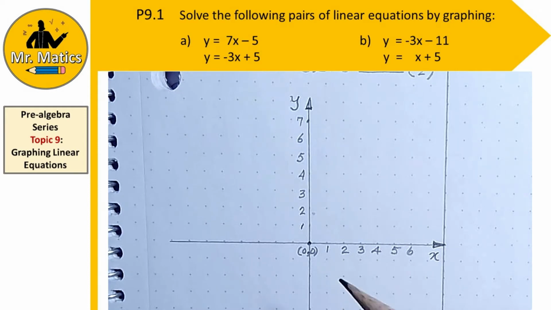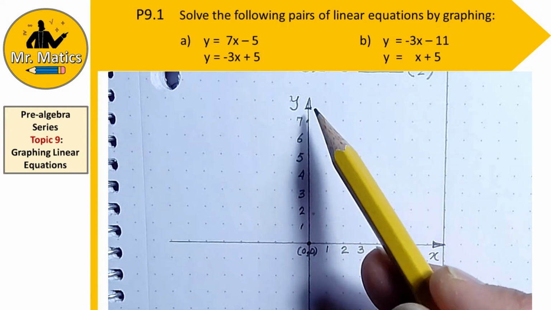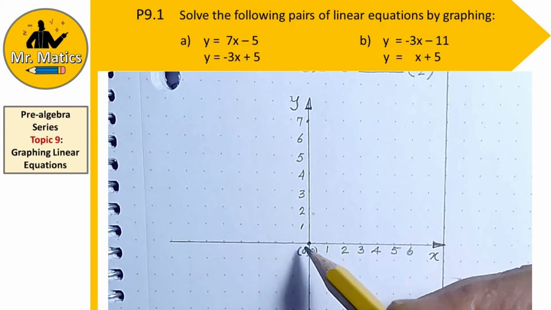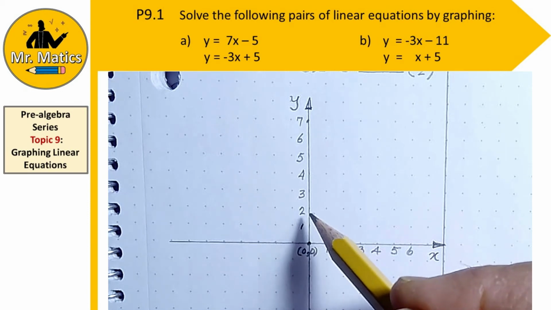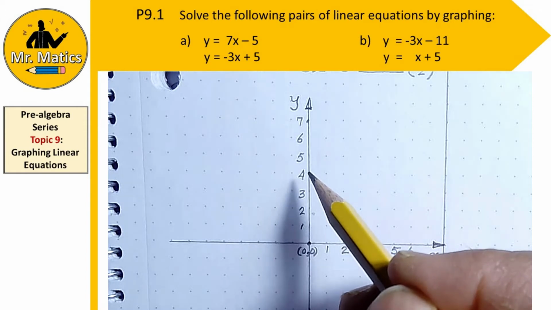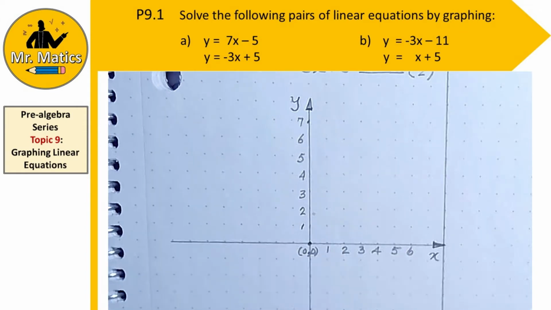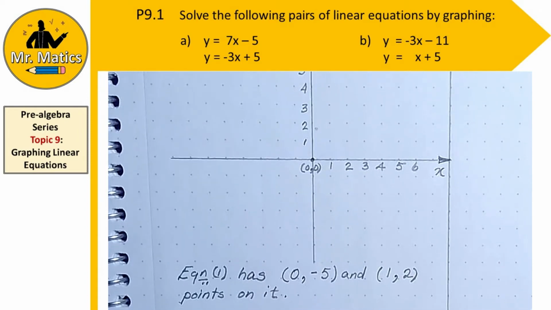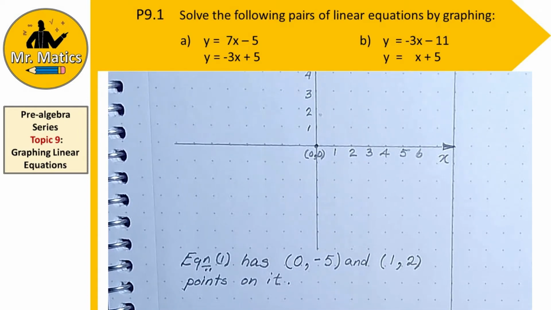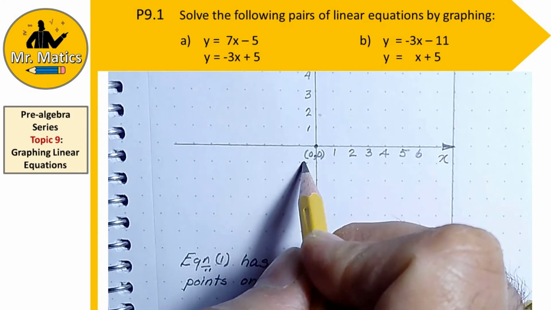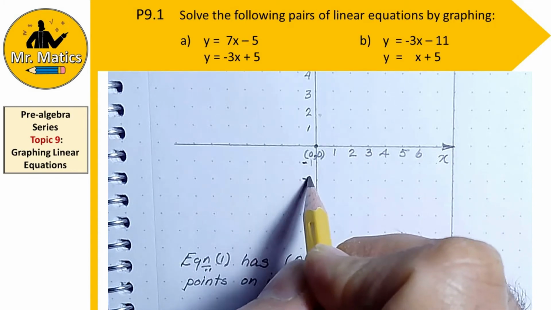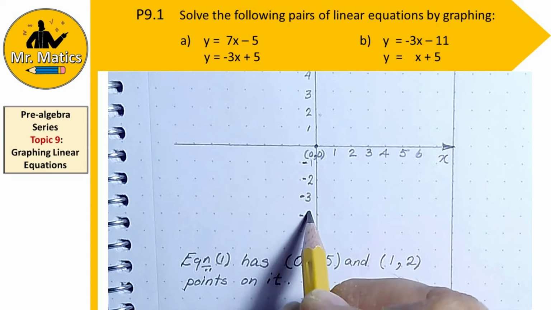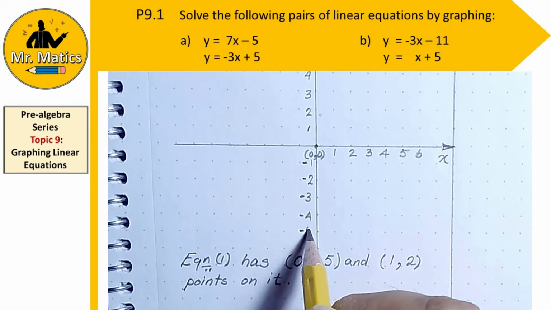Now you don't have to number all of the points. You may choose to just do every alternate one. So 0 and then 2 up here, and then 4 up here, and so forth. You can do that as well. But this is the first problem that we are working out, so I'm putting all the numbers there. And on the negative side, I have minus 1, minus 2, minus 3, minus 4, and minus 5.